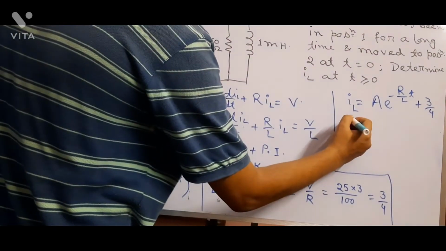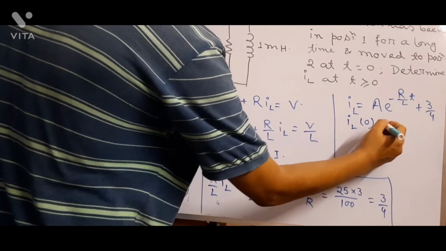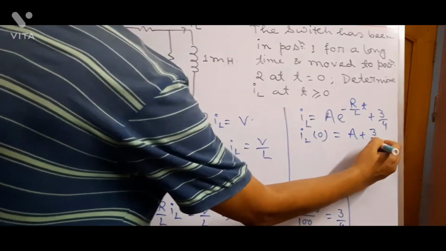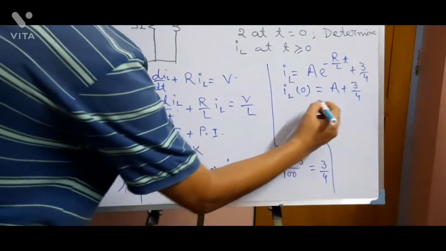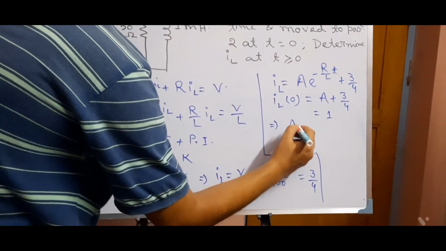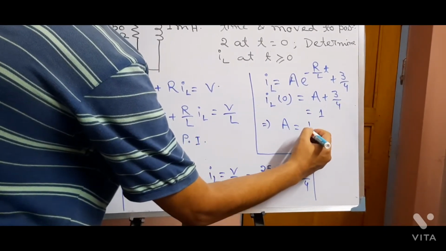Now put T equal to 0. So IL 0 will become A plus 3 by 4. Now we have determined that IL 0 equal to 1 ampere. So A equal to 1 minus 3 by 4, that is 1 by 4.